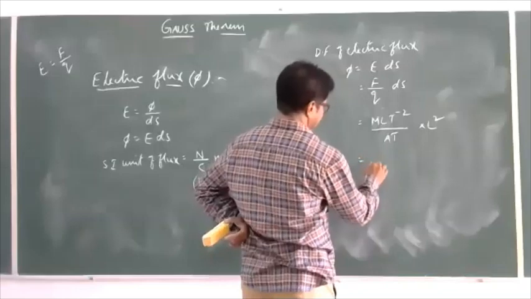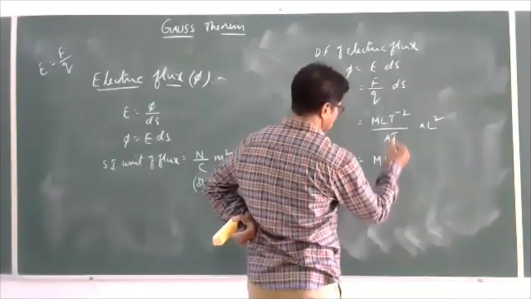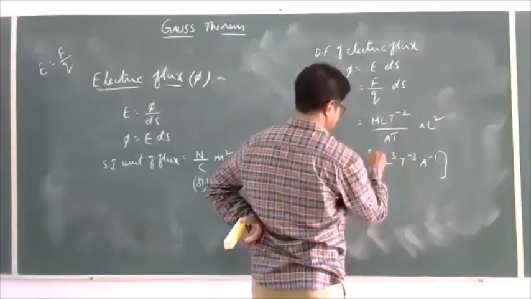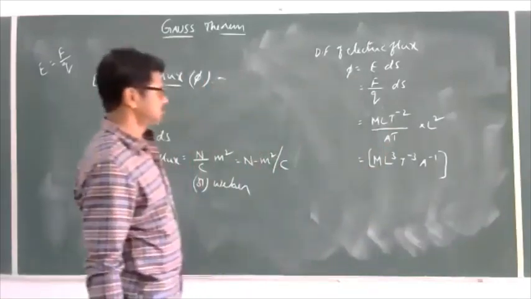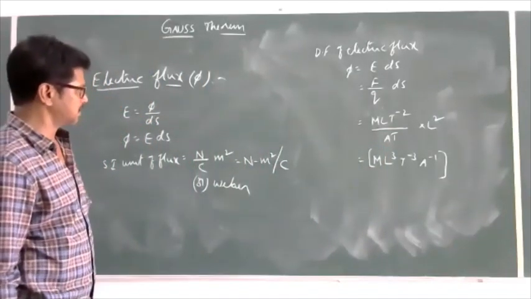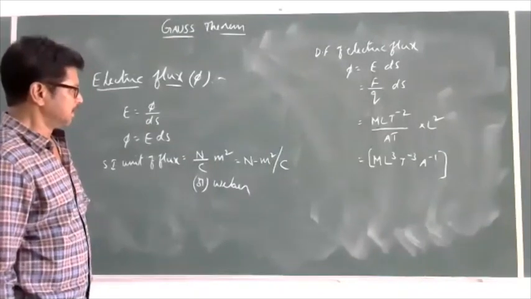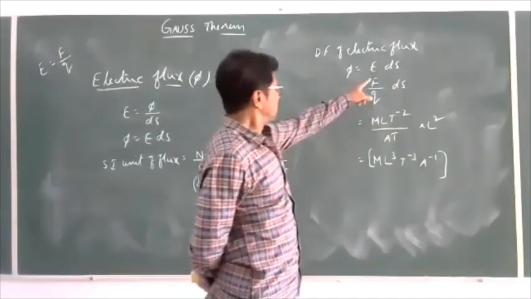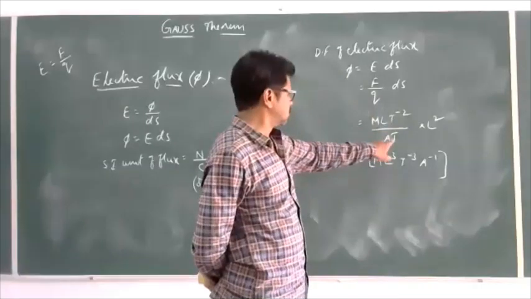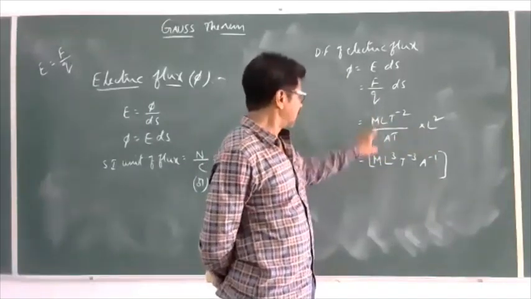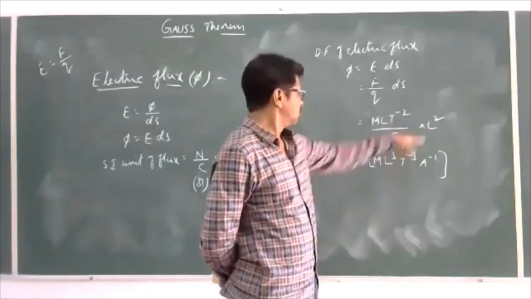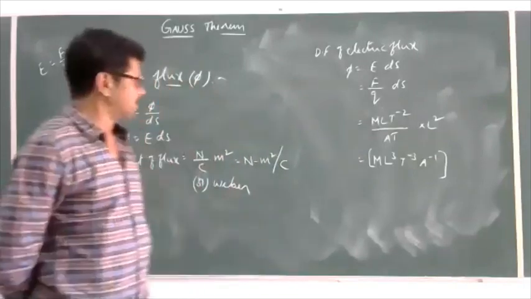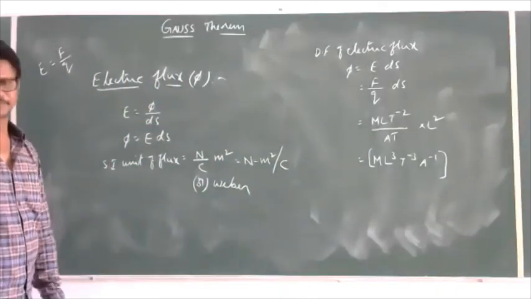From here I can write M L cube T power minus 3 A power minus 1 is the dimensional formula for electric flux. Force by charge, M L T power minus 2 by AT, into L square. So M L into L square, L cube, T power minus 3 A power minus 1 is the dimensional formula for electric flux.